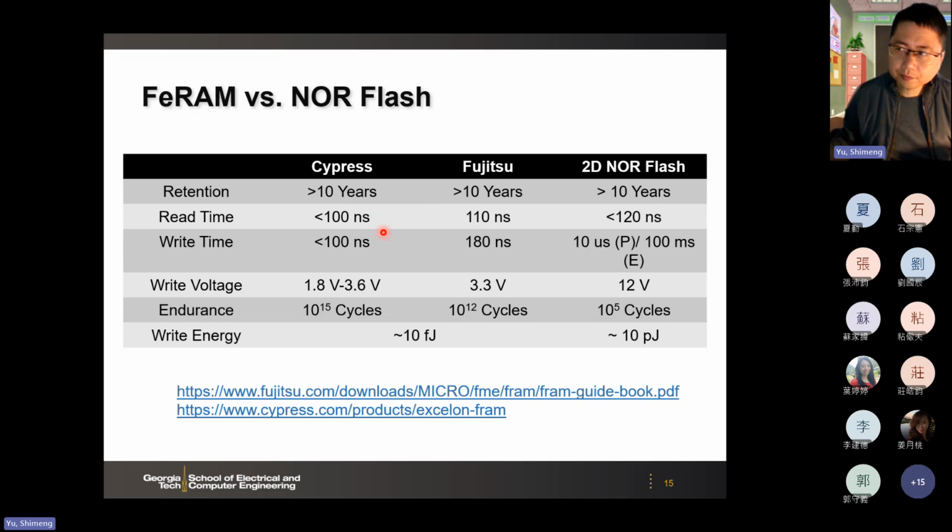This is not based on hafnium oxide; this is still the PZT system. But even the PZT system has comparable retention time with the NOR flash, but much faster read speed, lower operation voltage, much more endurance and lower read energy. So it's quite competitive compared to the NOR flash for those low cost, low capacity memory applications, like those ID cards, for example.